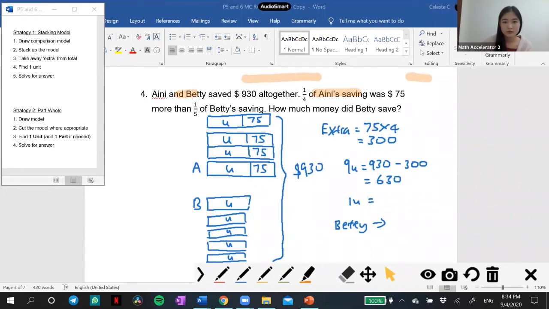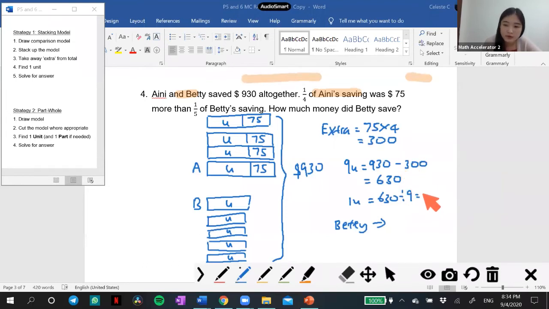Okay, so the answer is 350, which the majority of you chose. So this 1 unit here, you take your 9 units value, which is 630, divide by 9.